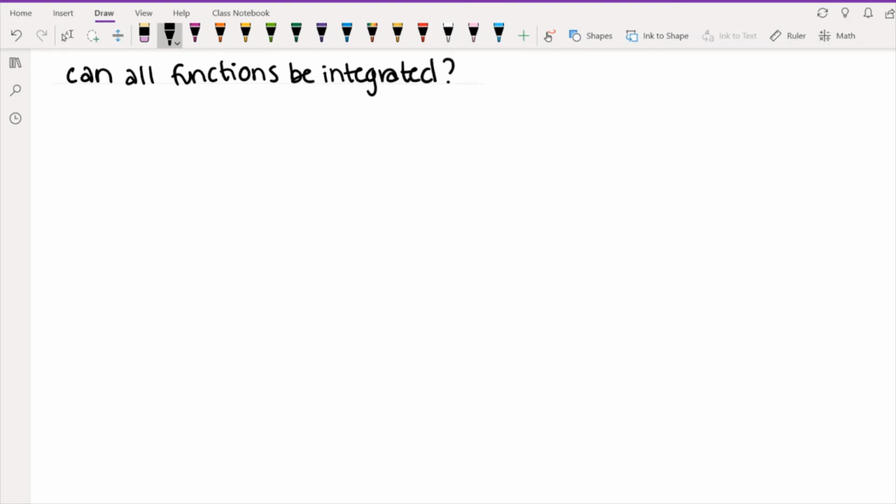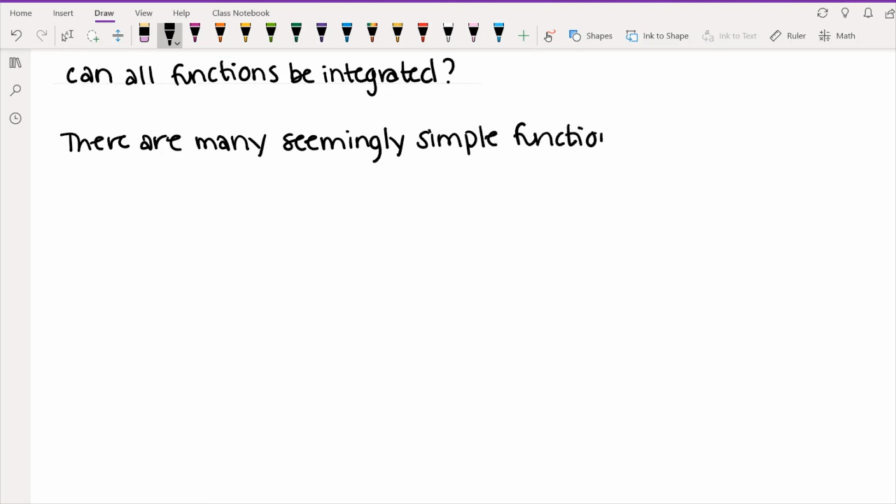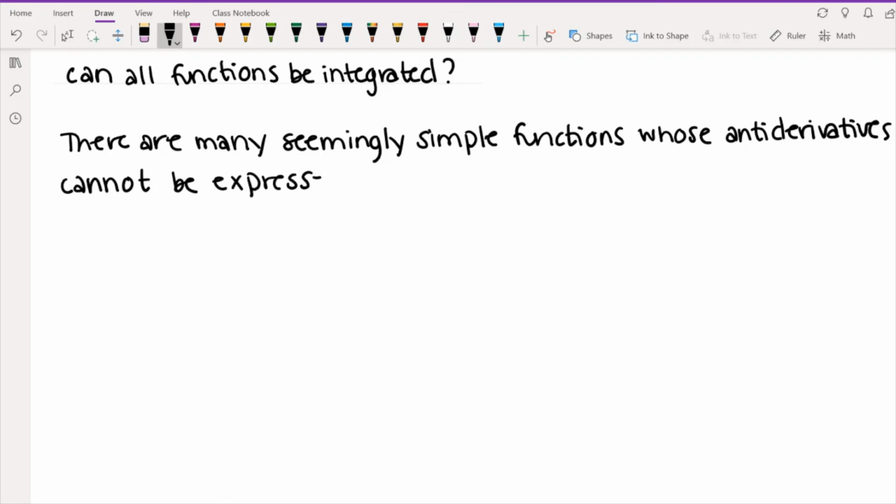So basically, there are many seemingly simple functions whose antiderivatives cannot be expressed in terms of the familiar functions that we know.